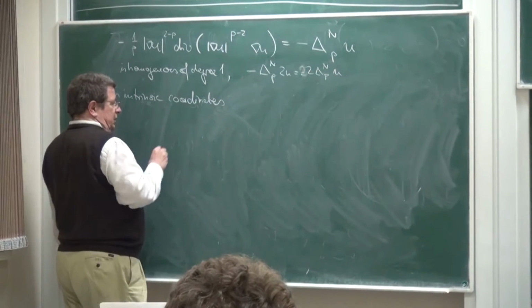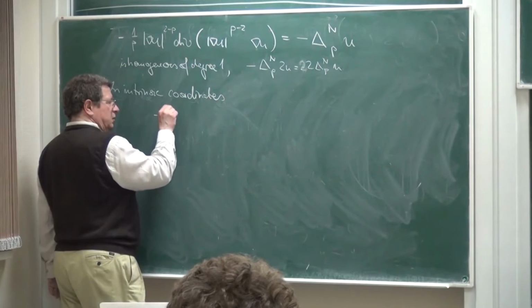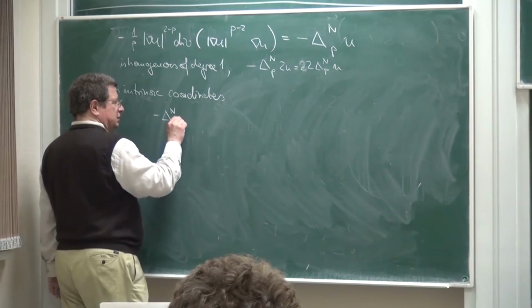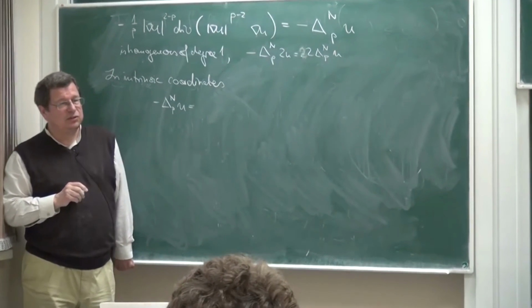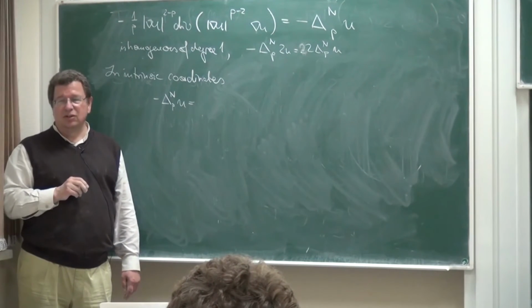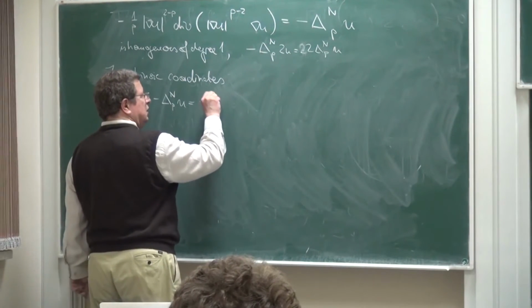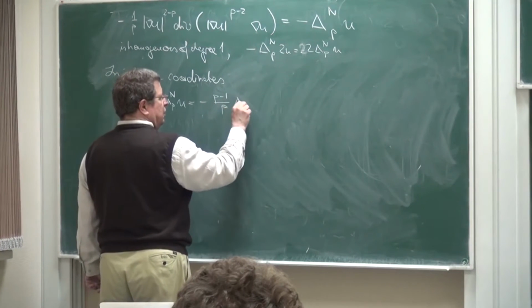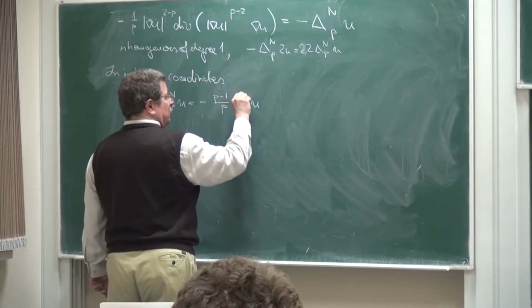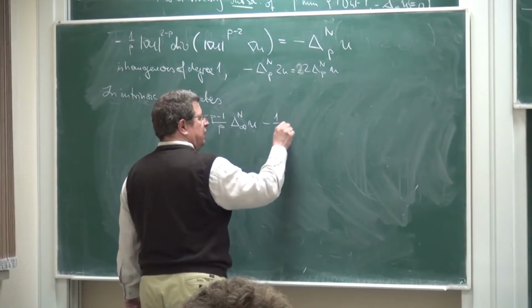Now, in intrinsic coordinates, it turns out that the normalized p-Laplacian can be written as a convex combination of the normalized infinity Laplacian and the normalized 1 Laplacian. So that is p minus 1 over p times the normalized infinity Laplacian, plus 1 over p times the normalized 1 Laplacian.